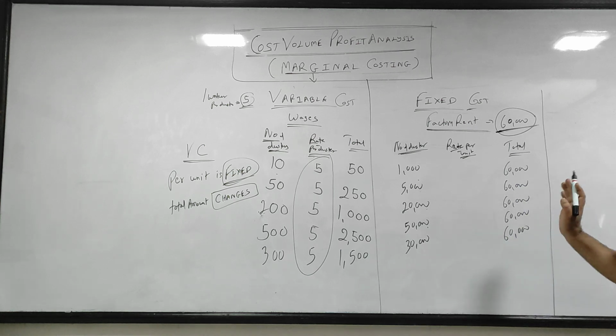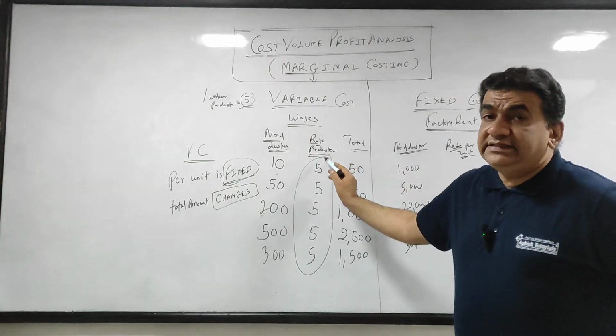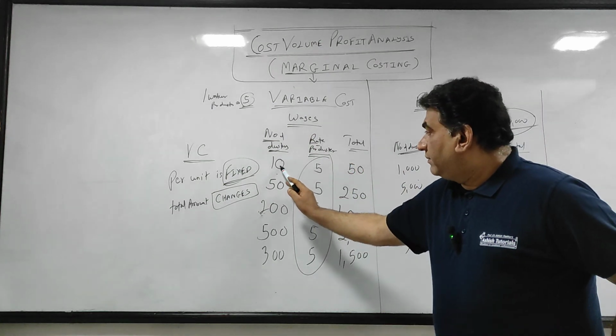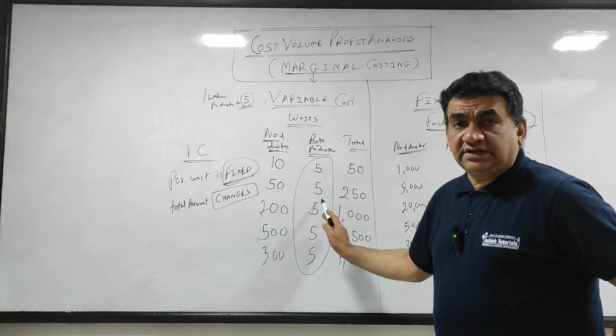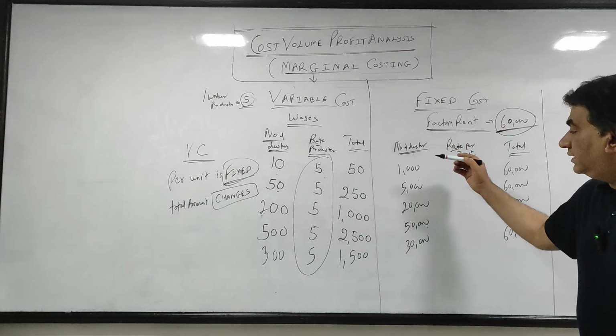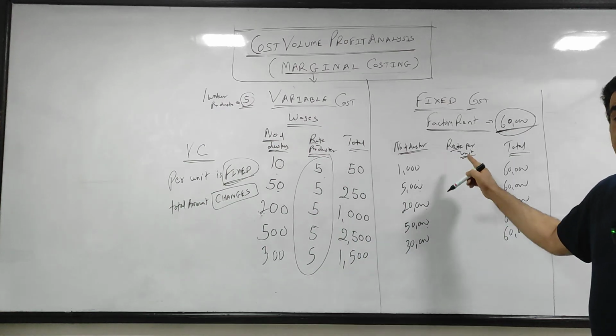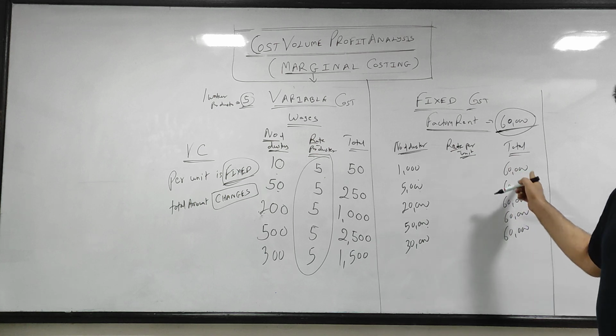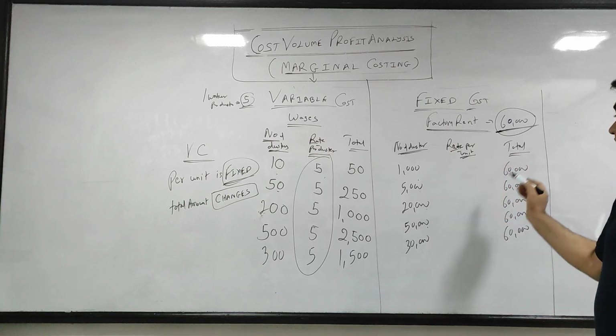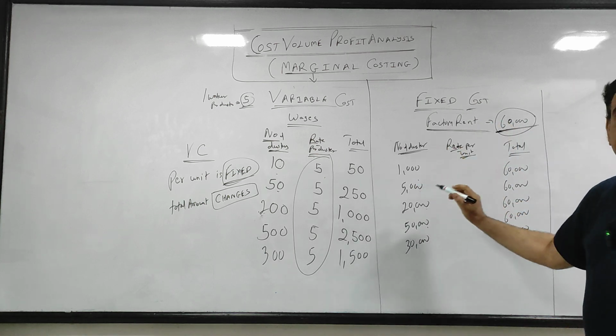Got it? Now listen. ये total how you got? Number of dusters into rate per duster. Now this will be number of dusters into the rate per unit will give you this, but I don't have this. तो मैं क्या करूंगा? रिवर्स जाऊंगा, इसको इससे डिवाइड करूंगा.